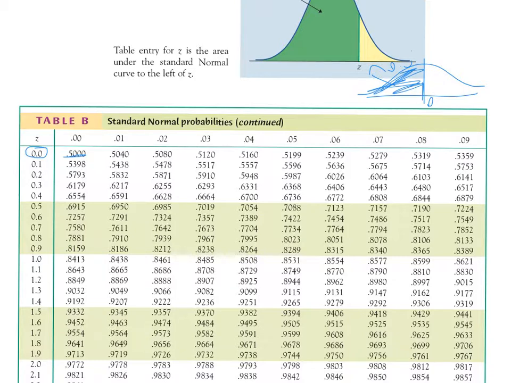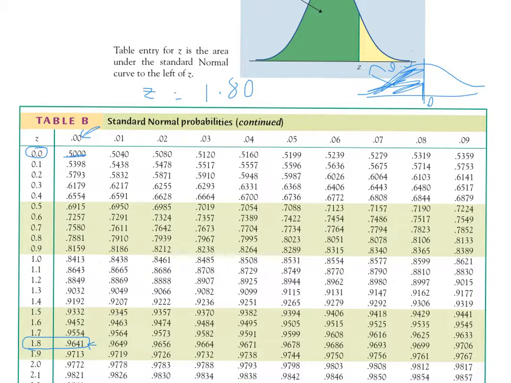Now if I want to find the area to the left of the z value 1.8, I'd have to go to 1.80, and that's 0.9641. If I want 1.8, then that's really 1.80, so the second decimal place, which is given by these numbers, is 0.00.